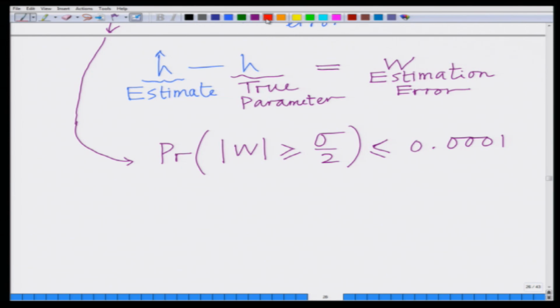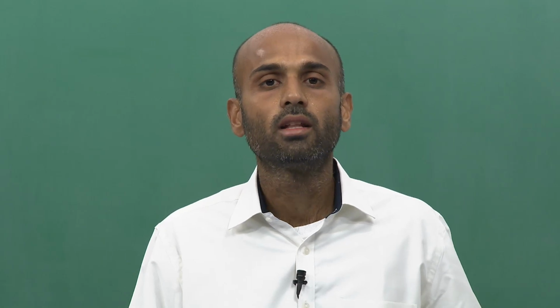And now realize something important. We said that the estimate h hat is Gaussian with mean h and variance sigma square divided by n. Remember, we derived two important properties of the maximum likelihood estimate in the previous module. That is, h hat is an unbiased estimate, which means the expected value of h hat is h, and h hat is Gaussian distributed with mean h and variance sigma square divided by n.